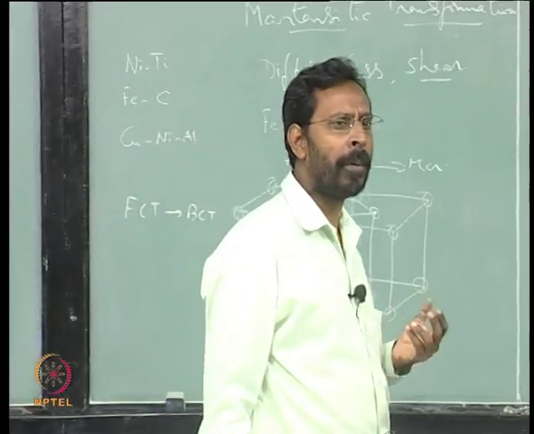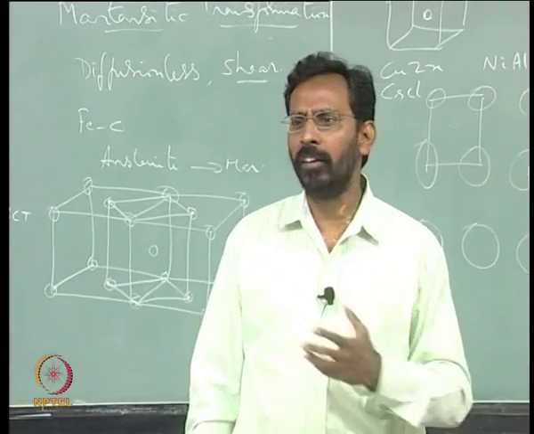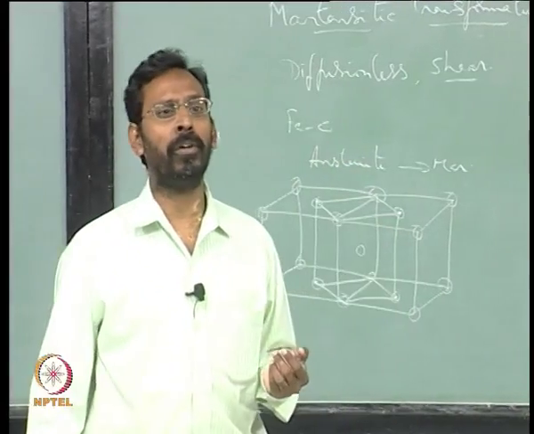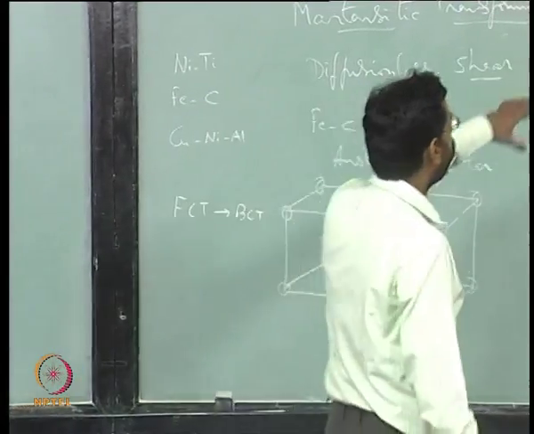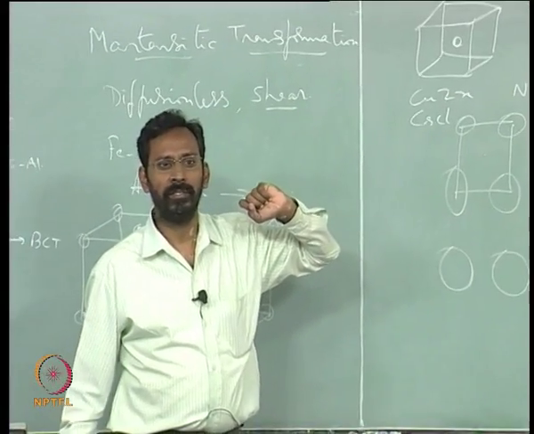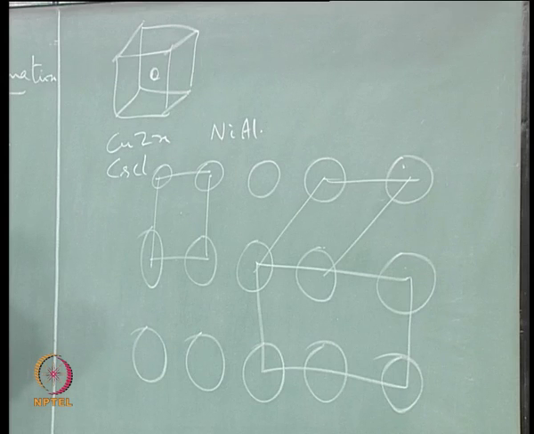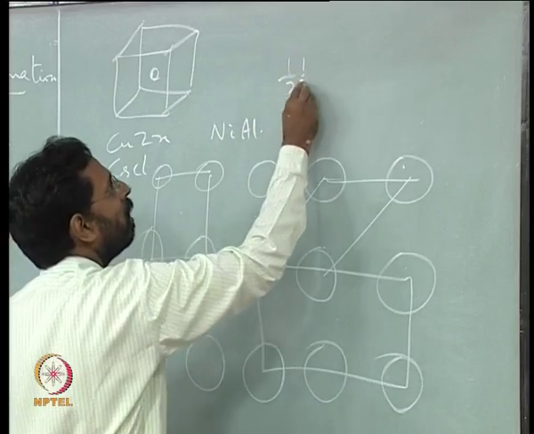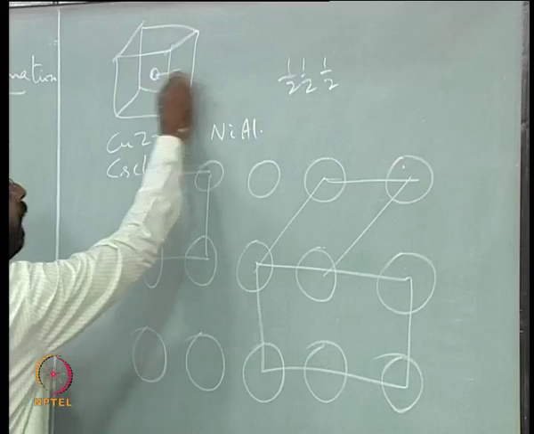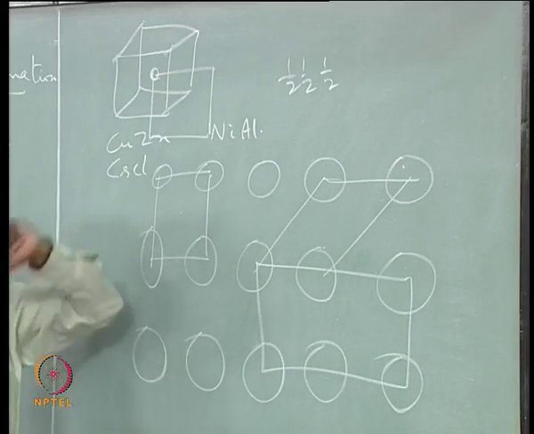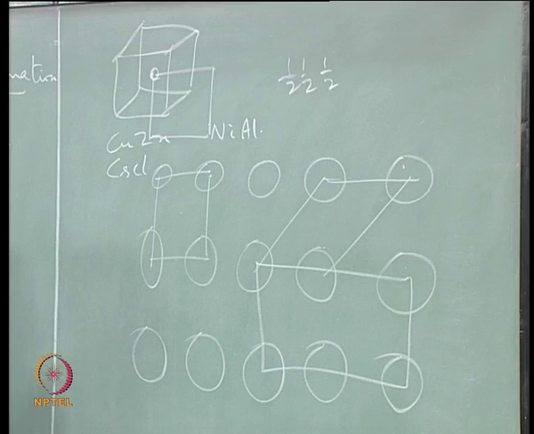What will be the unit cell of copper atoms? It is a simple cubic. What is the unit cell of zinc atoms? It is again a simple cubic. So you can see two simple cubic unit cells, each displaced with respect to the other by half, half, half. If you think of this unit cell, the other unit cell can be drawn like this: join all the body centers of the 8 unit cells surrounding this one, and you will get one unit cell, that would be a zinc unit cell.